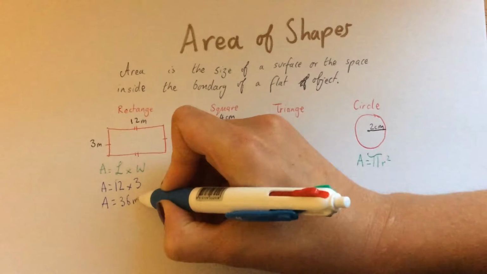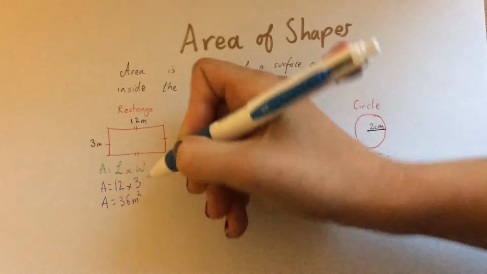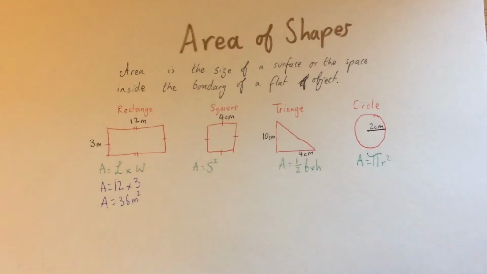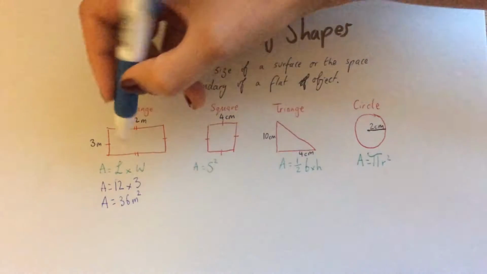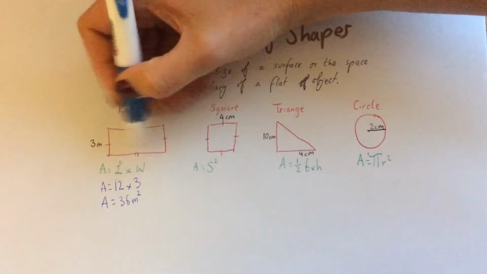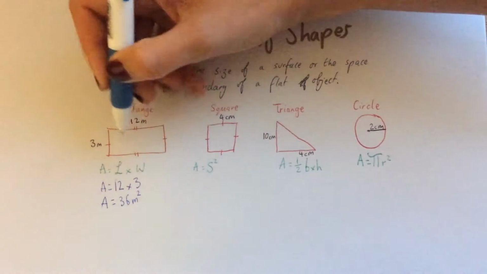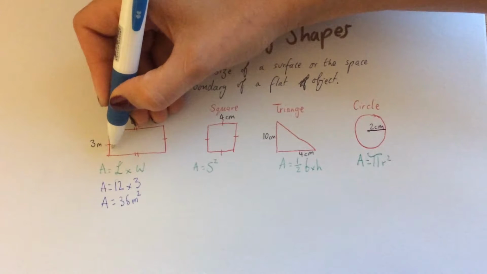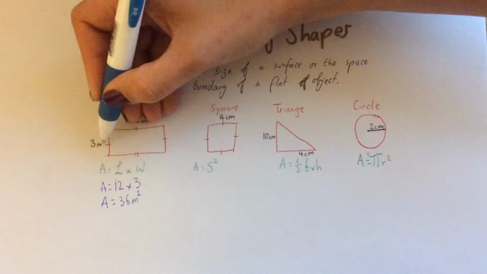And our unit of measurement is meters, and we're going to put a little 2 at the top, which means squared. I just want to briefly explain one way of remembering why it's squared.